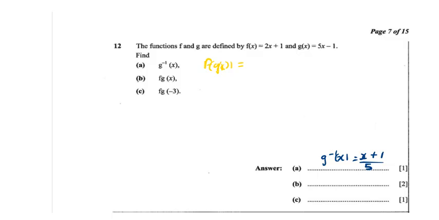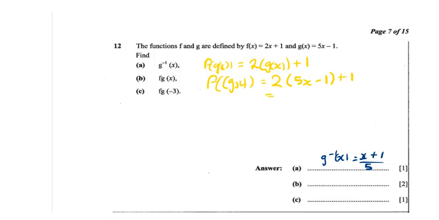Where there is x, they have put g of x. So it is more like this: g of x plus 1. So fg of x is given by, where there is x, they have put g of x, right? So you say g of x, open bracket, 5x minus 1, close, plus 1.